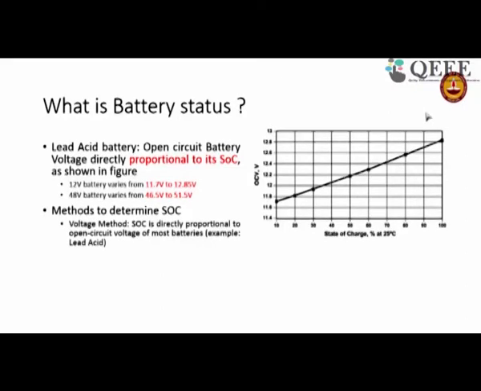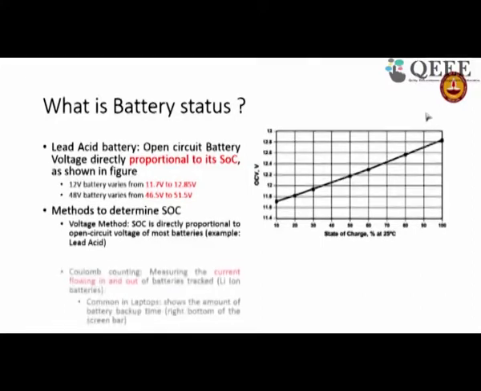If open circuit voltage is 12.8 volts for a 12 volt battery, it is fully charged. If it is 11.7 volts, it is fully discharged. So for a lead acid or VRLA battery, it is much easier. You can measure the open circuit voltage and figure out the state of charge.